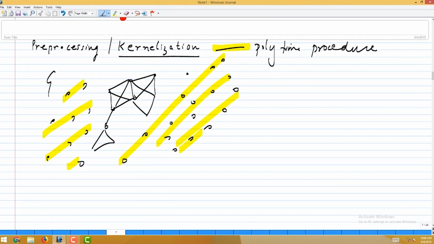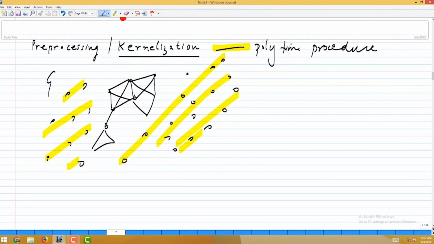And when we say throw away, in some sense you are always throwing away irrelevant vertices. So basically the point I'm trying to make is that preprocessing for NP-hard problems, where you try to throw away vertices at every step, doesn't really make a lot of sense. If you were able to do that at every step, you would end up solving an NP-hard problem in polynomial time, because you would throw away one vertex at the cost of a polynomial time procedure always.